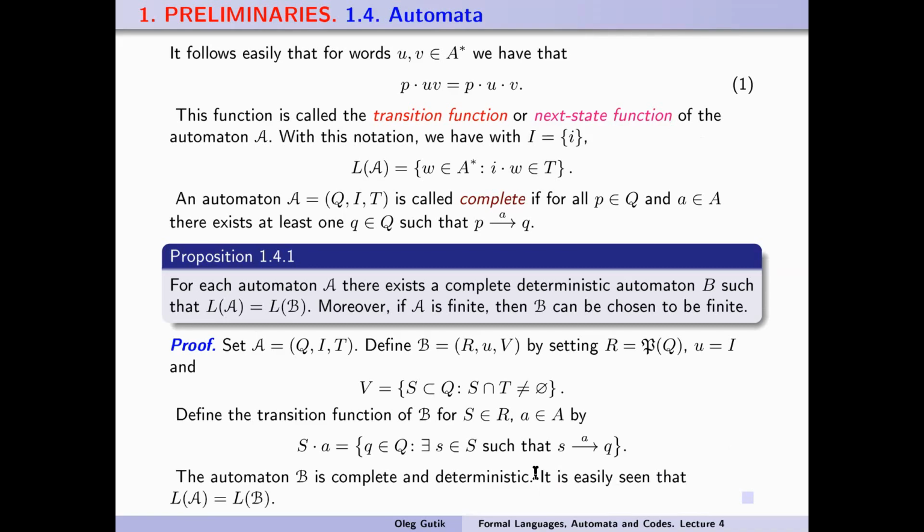And next, I propose you to consider the set of recognized words of automaton A as the corresponding set of automaton B. It is the second exercise: to prove that the following equality holds. Next.